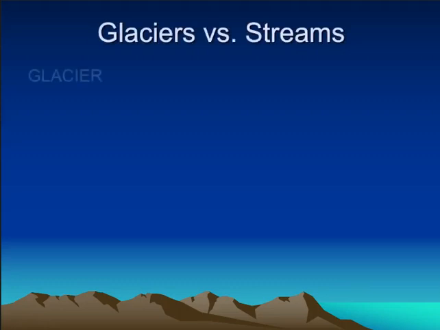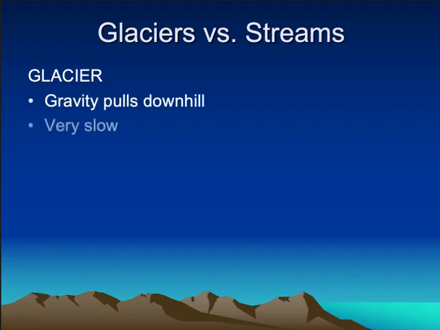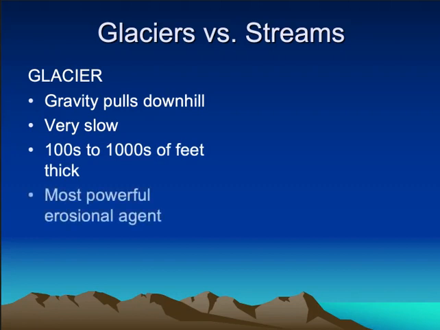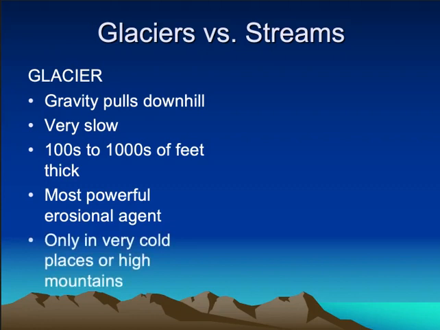Let's compare glaciers versus streams. With a glacier, gravity is pulling the ice downhill very slowly. They're thick, hundreds to thousands of feet thick, and they are the most powerful erosional agent. They are only found in very cold places or high up in the mountains.